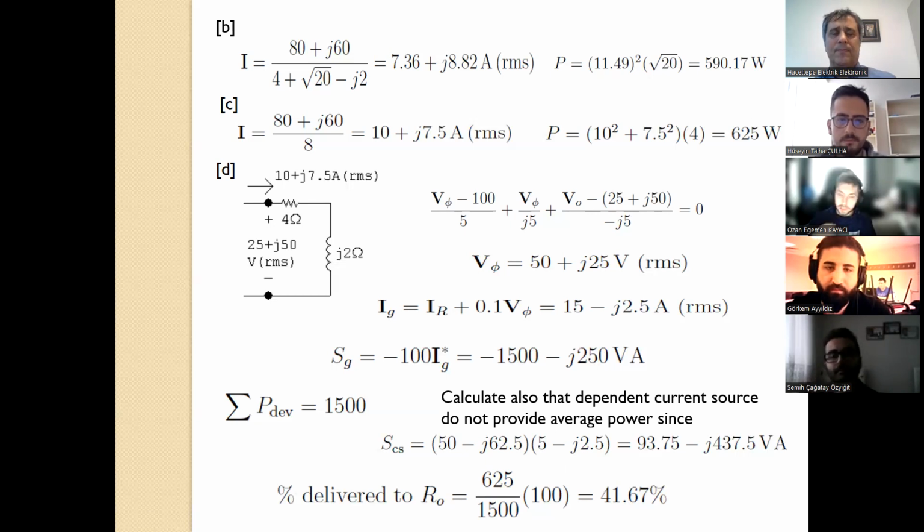Hocam, o zaman hani gerçek hayatta ideal komponentler yok yani. Sonuçta bir şekilde depolanan enerji cihaz kapatıldıktan sonra ısıyla veya başka bir yolla boşaltılacak, bu reaktif elementlerin içinde depolanan enerji. O zaman bu reactive power waste of energy mi oluyor direkt? Yok öyle. Buradaki reaktif power diyorsun.